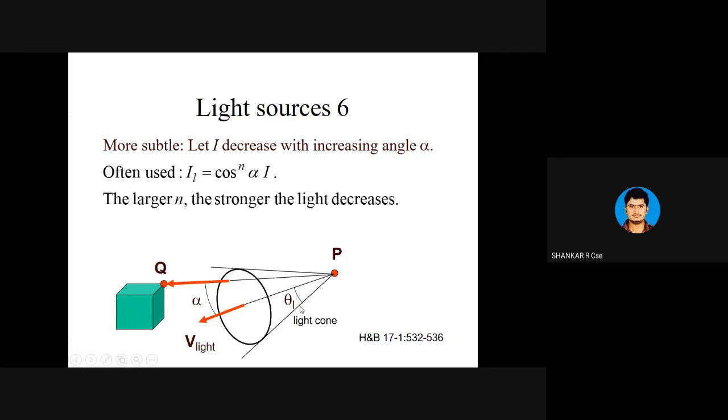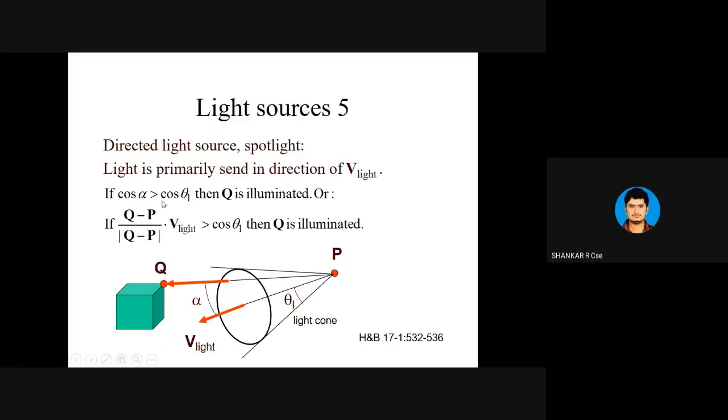that means to say your illumination light intensity I should be equal to cos to the power n of alpha. I am putting this equation in one more way. See, one equation is cos alpha should be greater than cos theta. That is, this angle should be more than this angle.